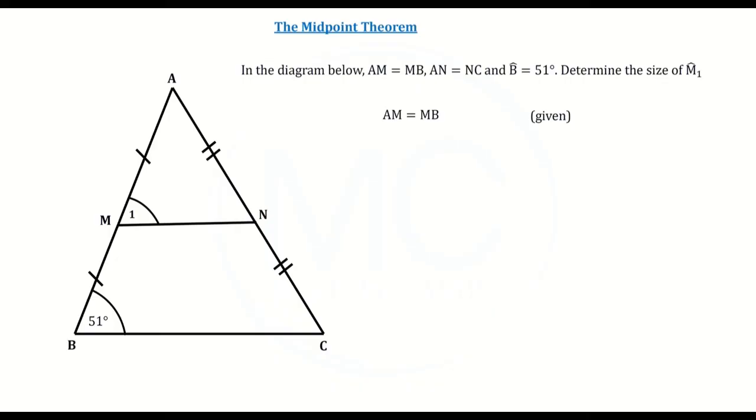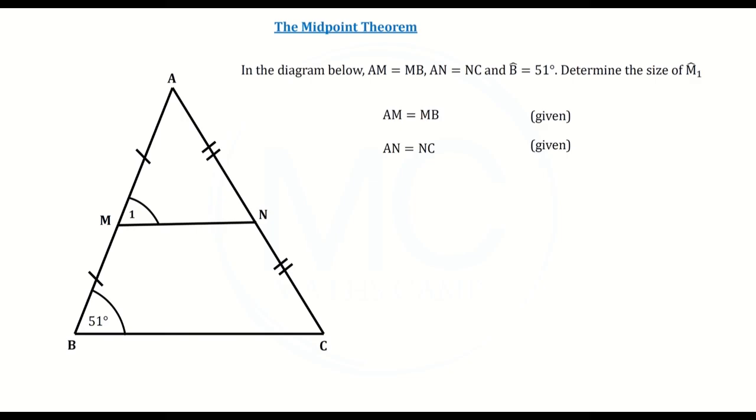We also know that AN is equal to NC, so we can make the statement that AN is equal to NC. Again, this information has been given to us. M is the midpoint of AB, and N is the midpoint of AC.